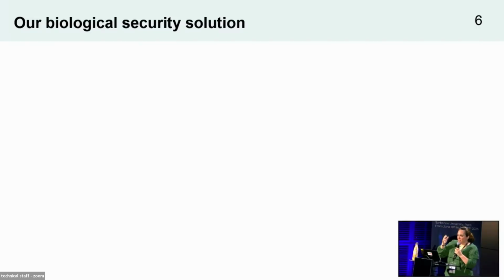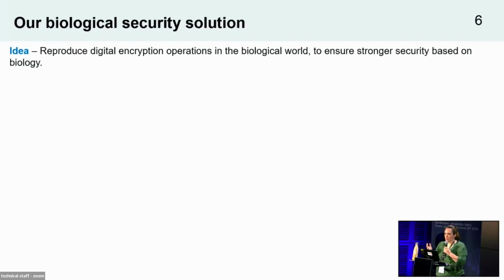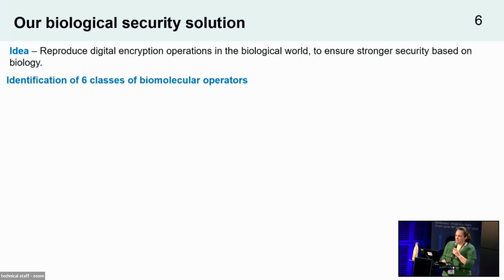So our idea has been to reproduce digital encryption operations in the biological world to ensure a stronger security that is based on biology. And so we wanted to manipulate DNA, and to do so we have identified 6 classes of biomolecular operators that modify the DNA, the structure of DNA, or modify the content of a DNA pool.